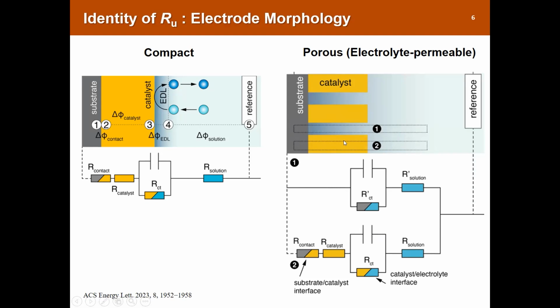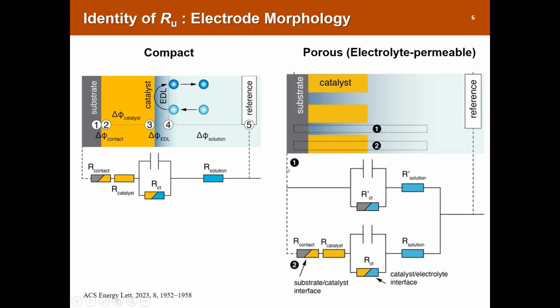And usually the catalyst has some conductivity issue. In that case, the resistance through number one is less than through number two. It's kind of straightforward that number two, through this catalyst layer, has multiple RU components, while number one has just a single solution resistance. So when the electrochemical system flows current, it bypasses to number one. So even though we have number one and two at the same time, when we do the RU measurement, we are just measuring the solution resistance through number one.